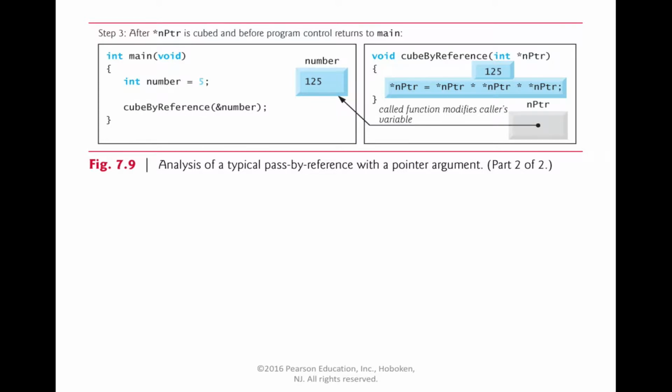So once we multiply the values at that memory location together, 5 times 5 times 5, we assign that value to whatever location n pointer is pointing to. Now number has changed to 125, and it has changed everywhere that references that memory address for number. Whether that's through a regular variable or through a pointer, it's changed because we've changed it in memory.